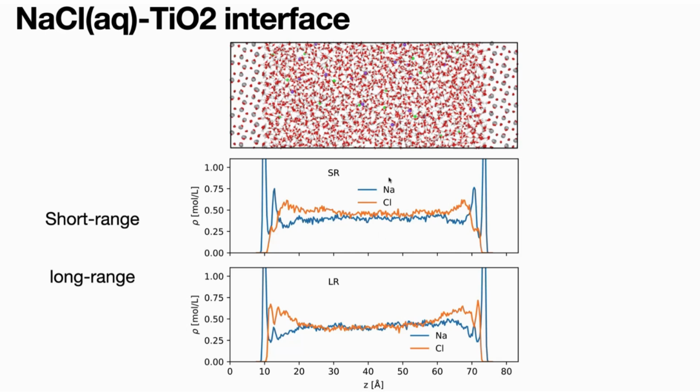Here we are plotting the ion density perpendicular to the interface. And you see in the bulk region, in the center of the slab, you have an excess of chloride ions compared with sodium ions. This, of course, would introduce a huge electric field, and it's highly unphysical.